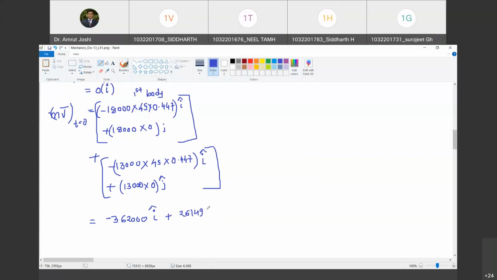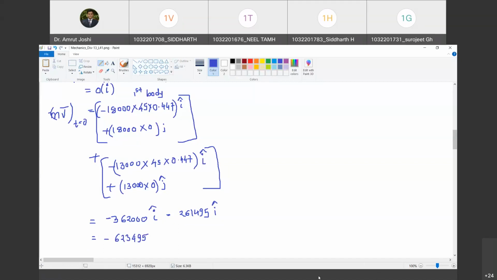Is it right? Yes, sir. Answers are matching. And this is a negative sign. So I cap's coefficient can be added to I cap's coefficient. So this is equal to minus 623,495. Do you agree with me?